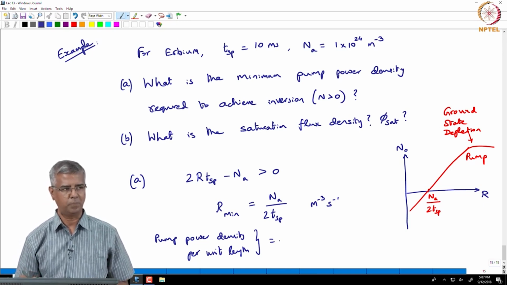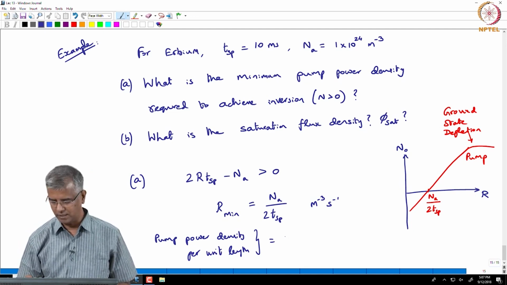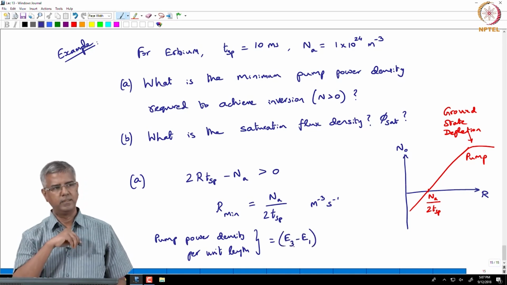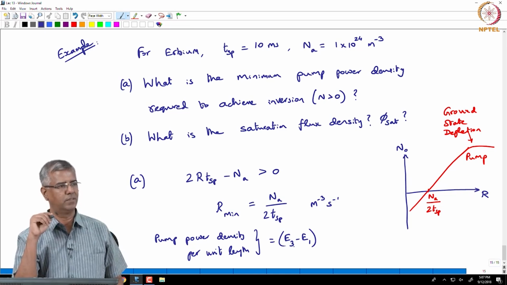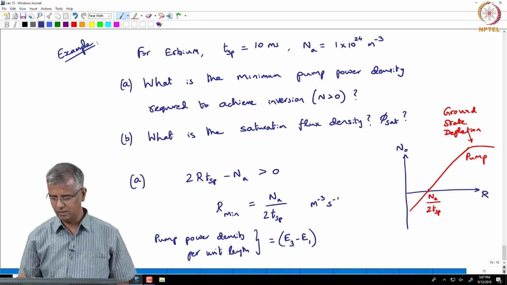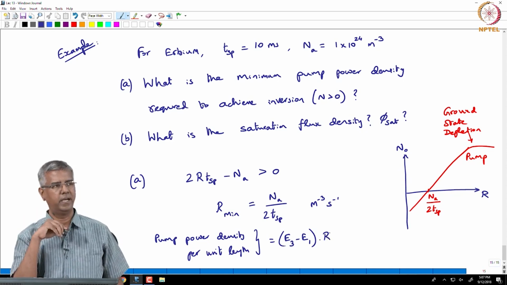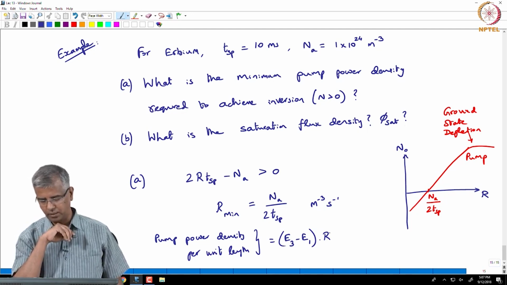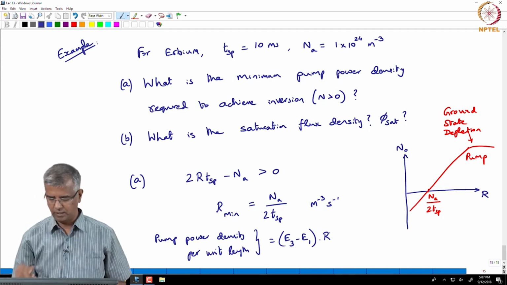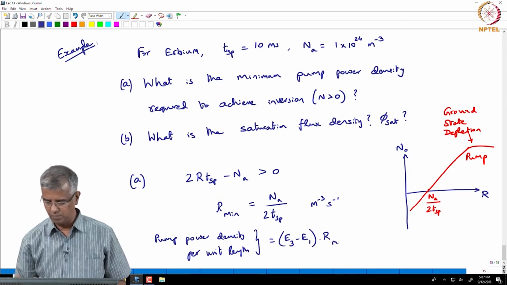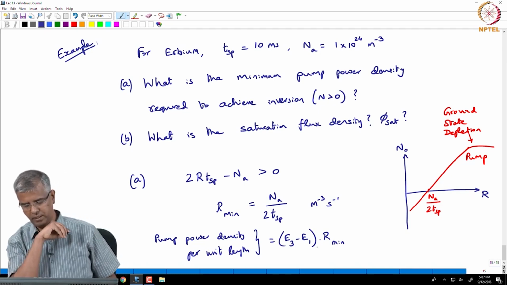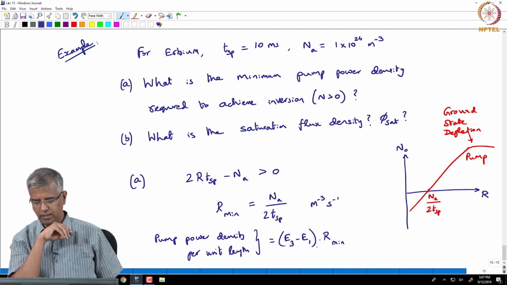Energy corresponding to the pump photon, right. So, in this case energy corresponding to the difference between the two energy levels, right, E3 minus E1 multiplied by R, right. So, that would give you the, and in this case we are looking at the minimum pump power density. So, we will say E3 minus E1 multiplied by R minimum. How do you find E3 minus E1?